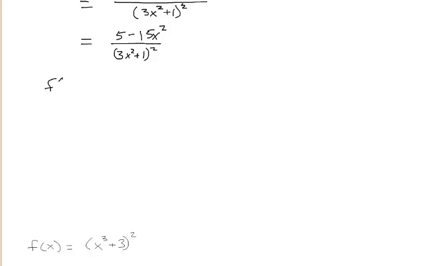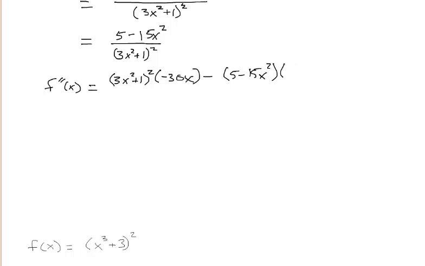And now f double prime of x, again, is the quotient rule. And then we're going to need to use the chain rule when we take the derivative of the denominator. So here, 3x squared plus 1 squared is our denominator, times the derivative of the numerator, which is negative 30x, minus the numerator, 5 minus 15x squared, times the derivative of the denominator, which is the chain rule.